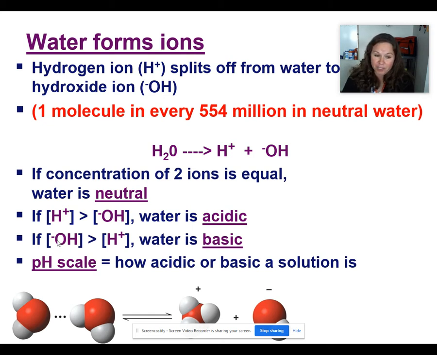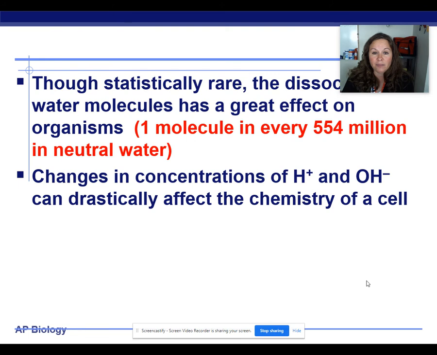And then vice versa, if the concentration of hydroxide or OH groups is greater than the hydrogens, then your water is basic or alkaline. You have a base on your hands, like ammonia is a base. So how acidic or how basic a solution is determined on the pH scale.